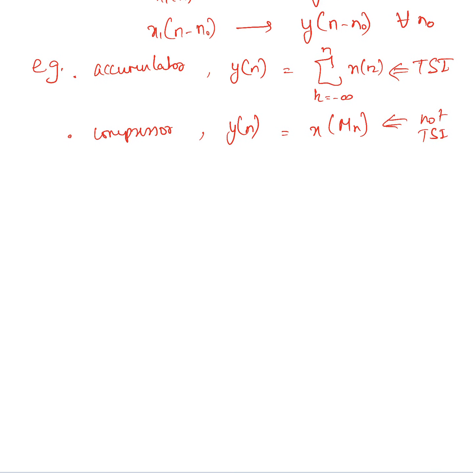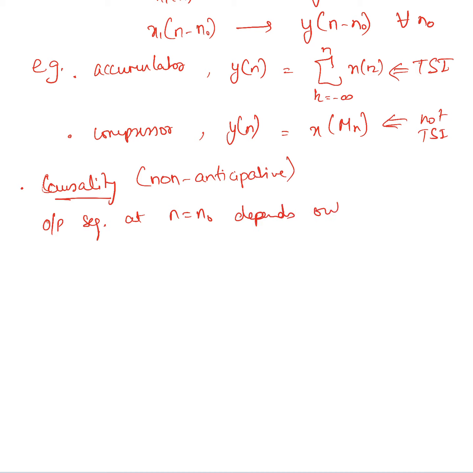Another property is causality. We also call this a non-anticipative system. So it says that the output sequence at n equal to n naught depends only on the input sequence for n less than or equal to n naught.